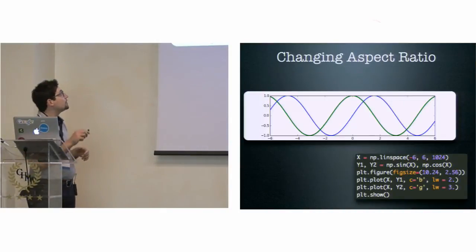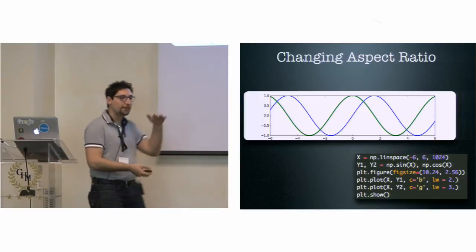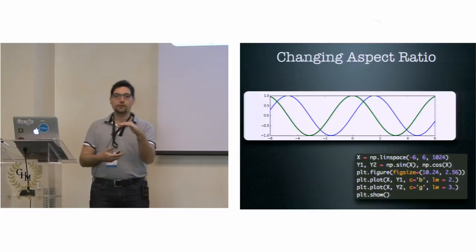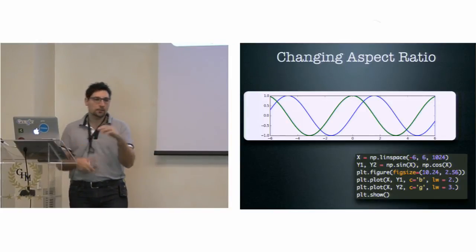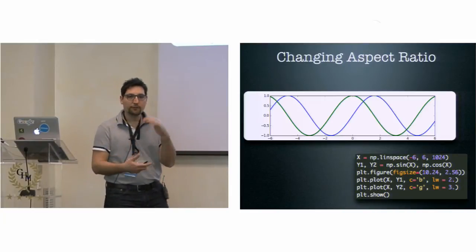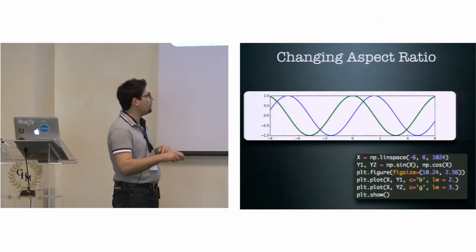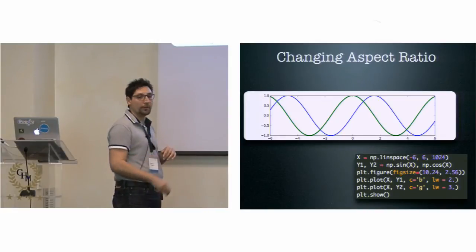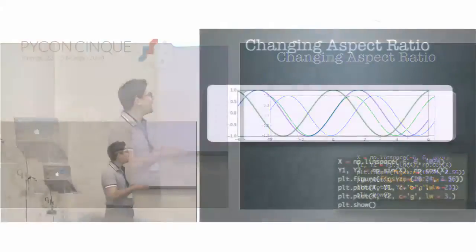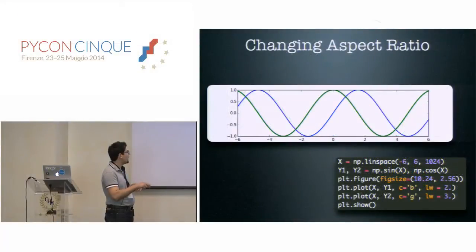Again, we can also change the aspect ratio of the figure. So we may handle different resolutions, different ratios. And in this case, we handle not only the color, but also the line width. So we specify that y1 is the sine function, y2 is the cosine function, y1 has a line width of 2, the line width of the cosine function instead is 3.